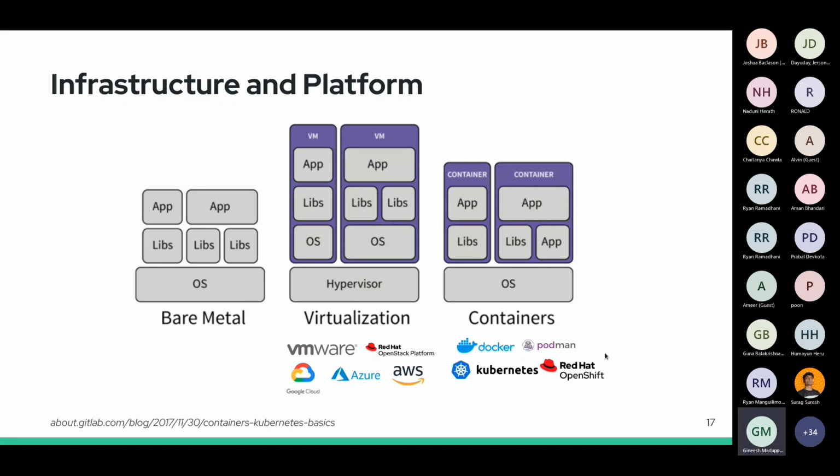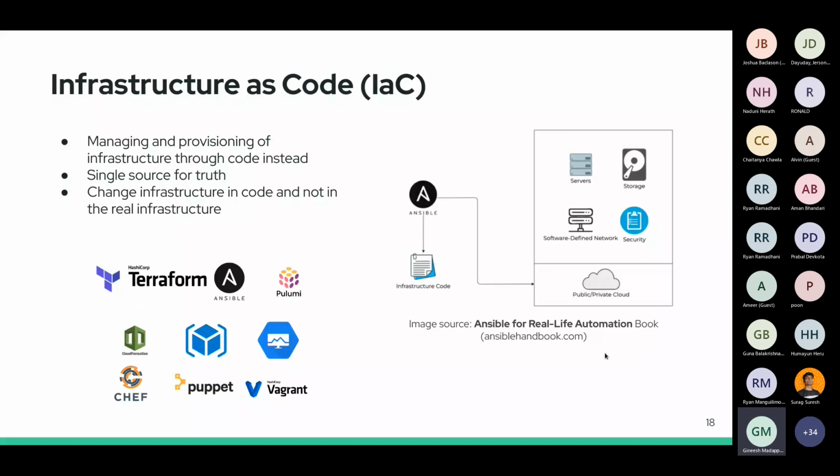Okay, good. Now, we have a more automated way of provisioning the infrastructure, which is called infrastructure as code, because everything is code actually. So instead of creating the infrastructure manually, like going to the AWS console or the VMware console or the Azure console, you can use IaC tools and provide the code which contains the instructions to manage, create, and maintain the infrastructure like servers, storage, networks, security rules, policies, VPCs, and so on.